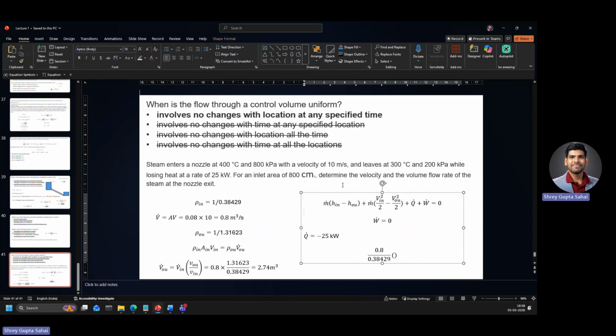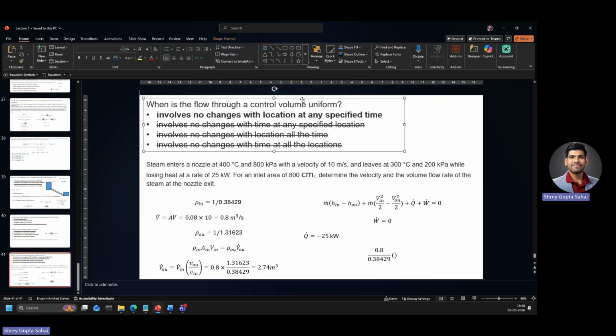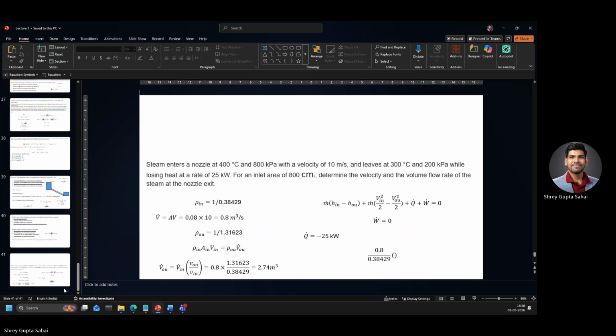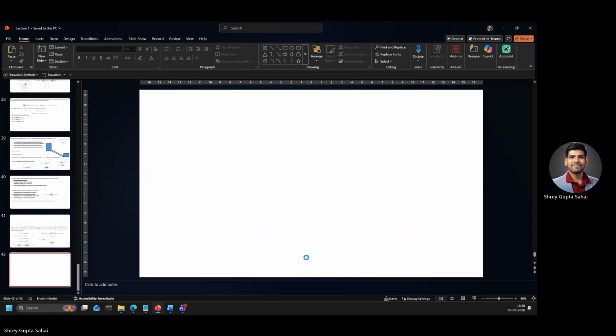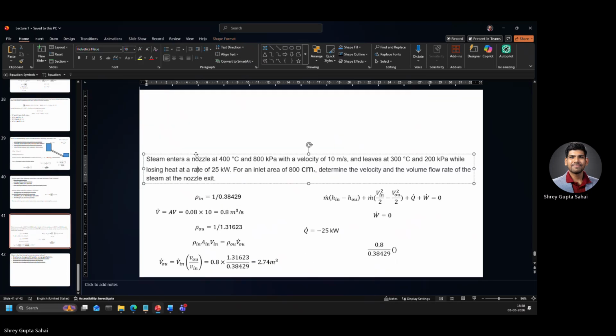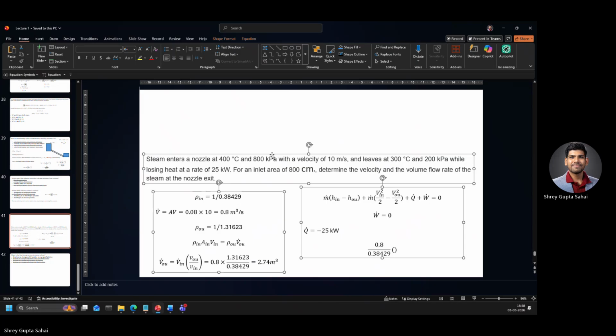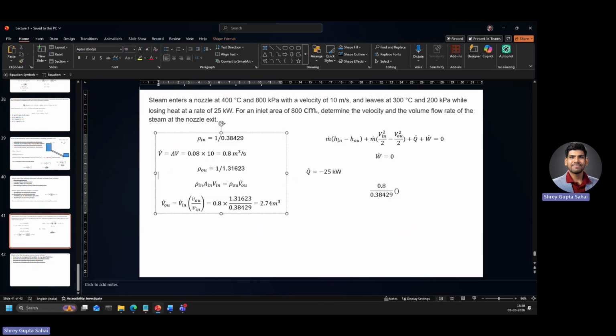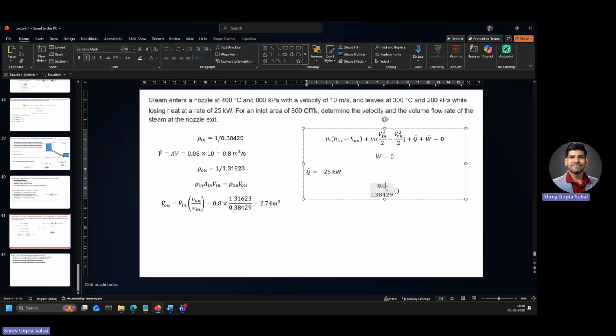So let's do that. We'll move this here. So let me first calculate what m dot is.